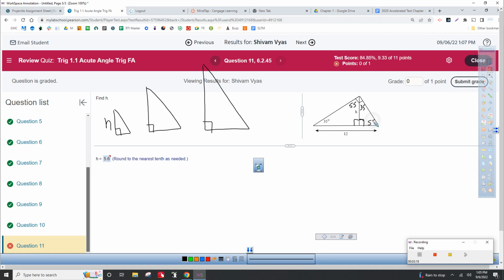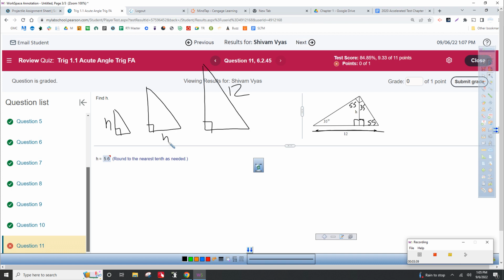And the reason I'm showing you this is all 3 of those triangles are similar. So now I know that in the big triangle, this is 12, right? So that's what we have here.